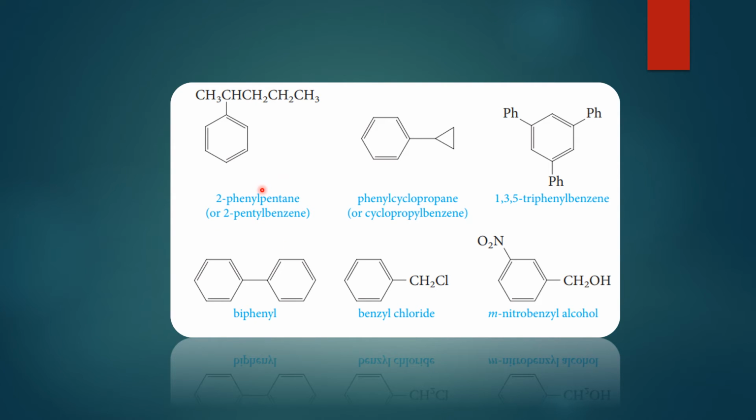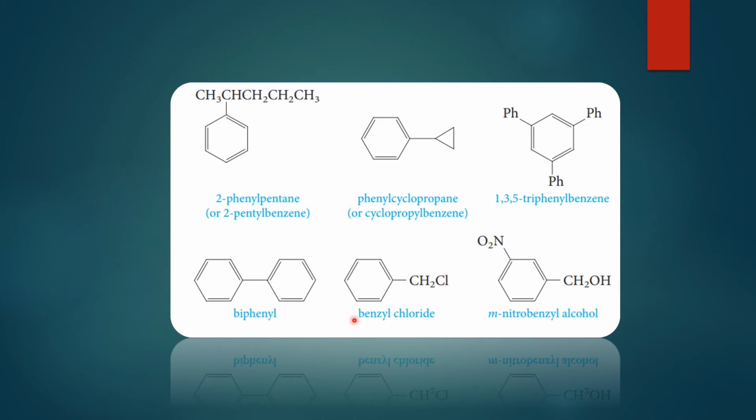Example: 2-phenylpentane or 2-pentylbenzene, with the phenyl at position 2. Phenylcyclopropane, with cyclopropane radical and phenyl, or cyclopropylbenzene. Next, 1,3,5-triphenylbenzene, with phenyl groups at positions 1, 3, 5.